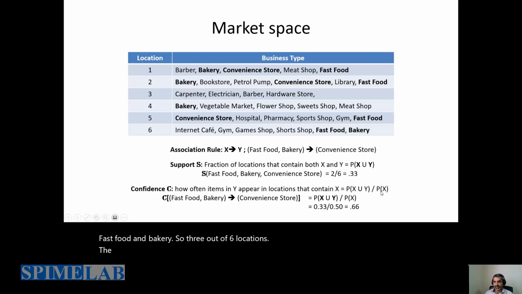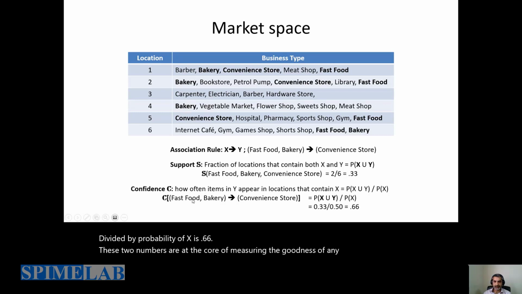So probability of X is 3 divided by 6. Taking this ratio, X union Y divided by probability of X is 0.66. These 2 numbers are at the core of measuring the goodness of any given association rule.